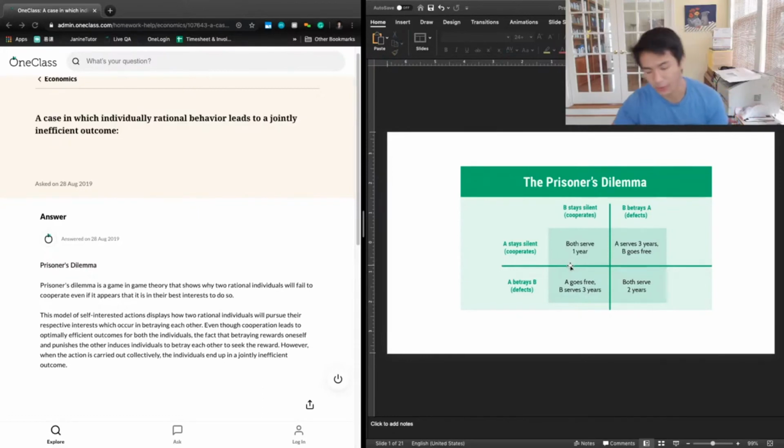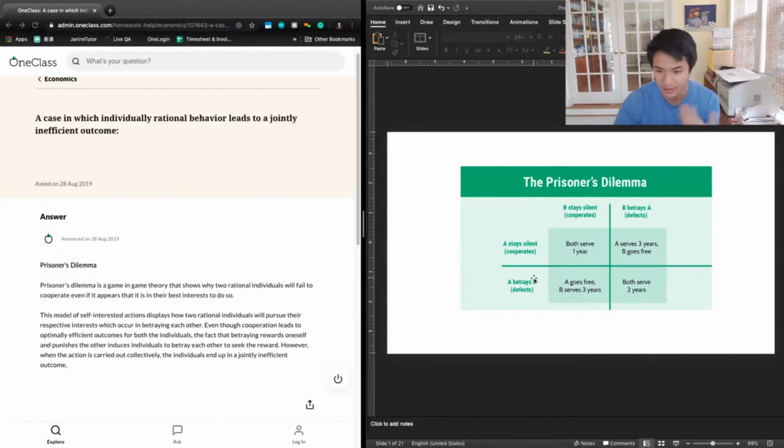Looking at person A, given that you do not know whether person B is going to cooperate or defect, A can consider each case. If B cooperates, A's optimal choice is to defect, because A would go free and B would serve the time.